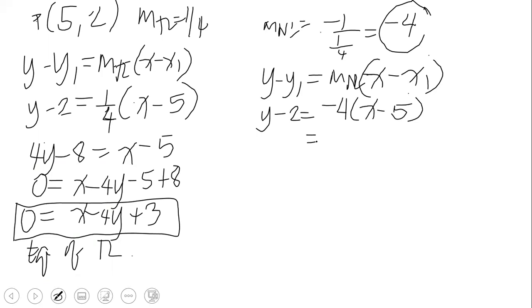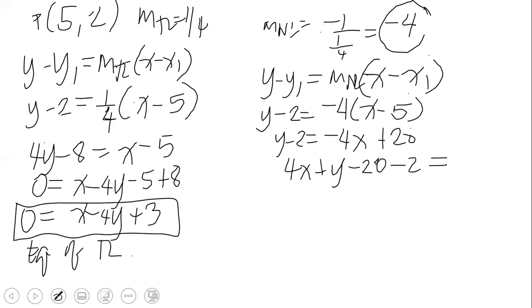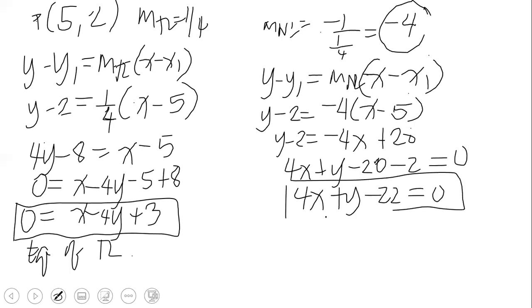Simplifying, negative 4x plus 20 equal to y minus 2. Therefore, 4x plus y minus 20 minus 2 equal to 0. So you also have 4x plus y minus 22 equal to 0. And that will be the equation of your normal line.